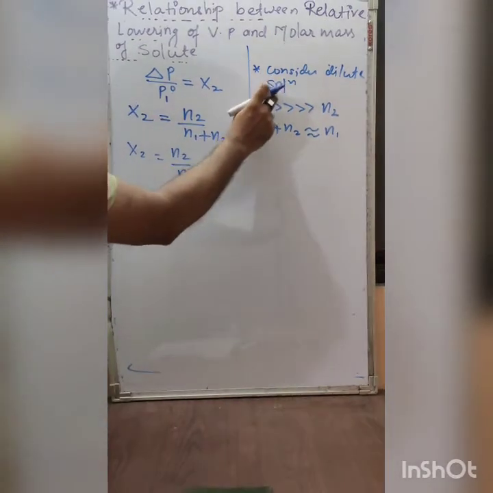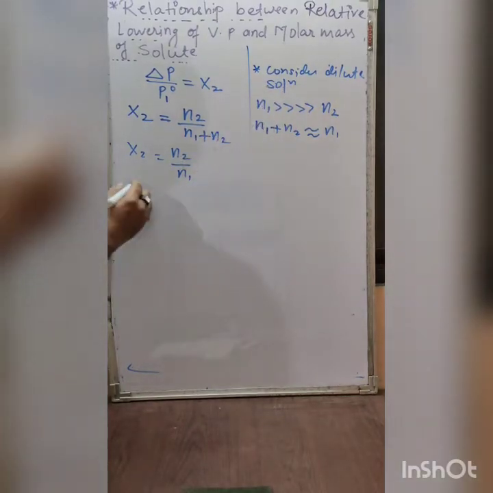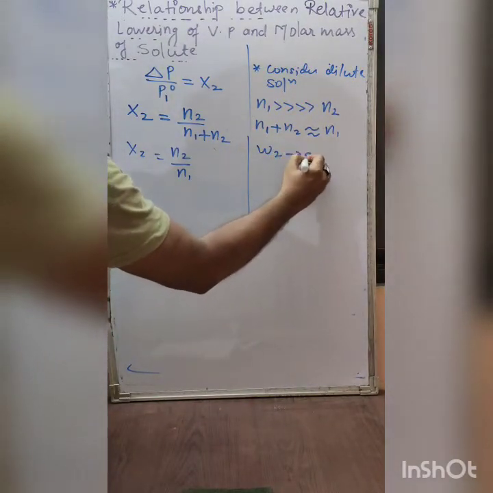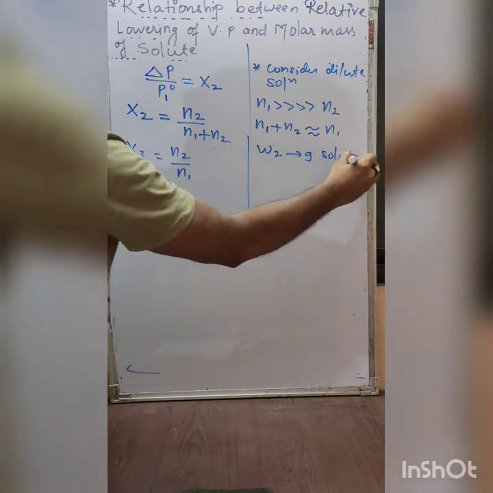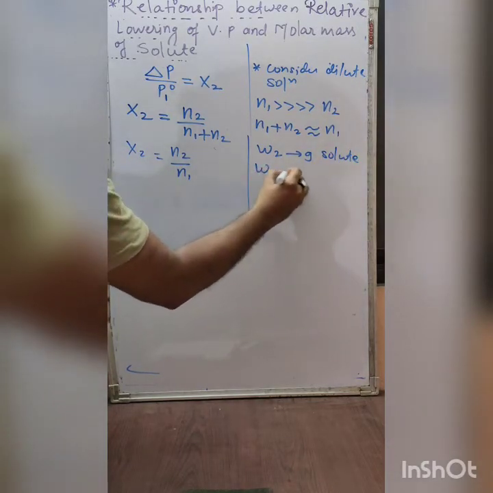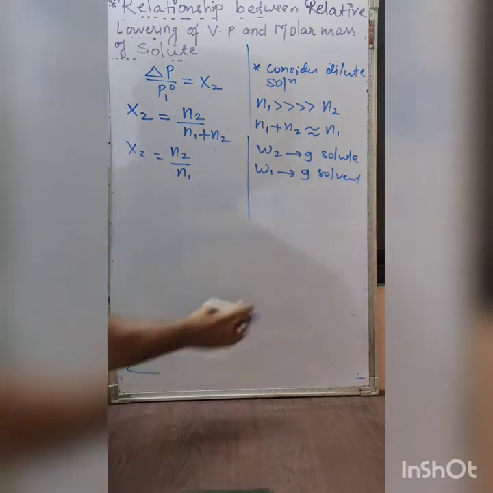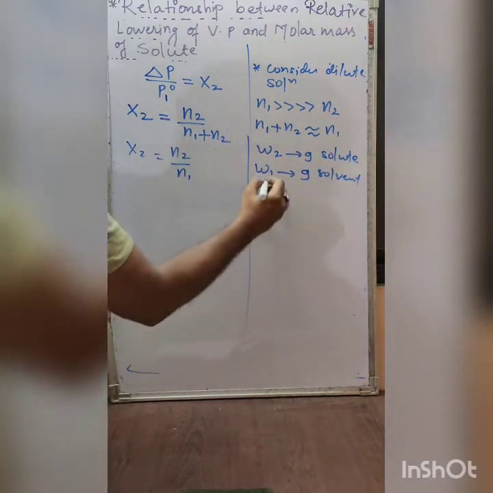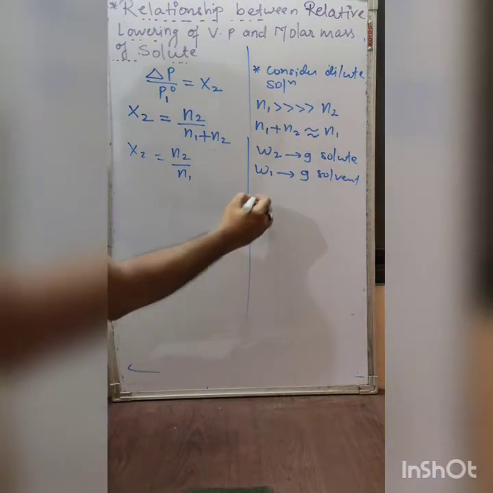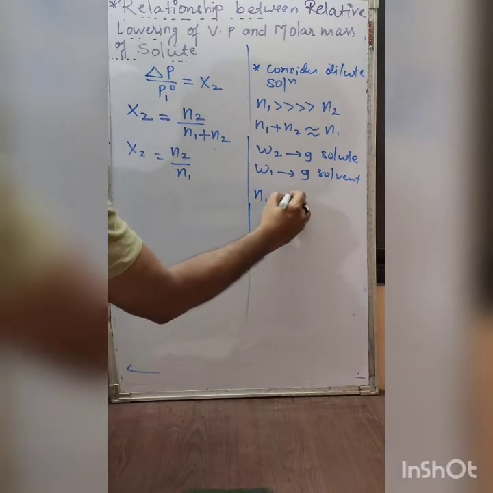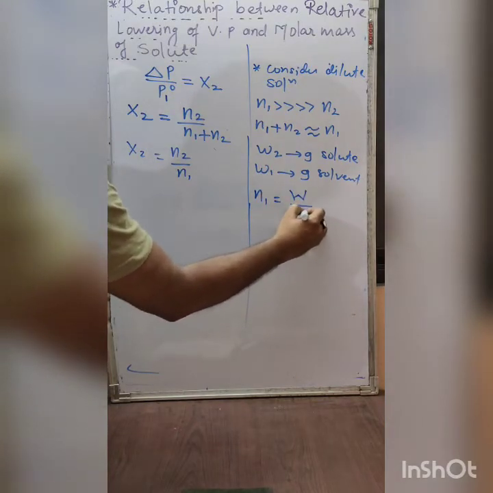Now the solution which is formed, I can say that I have added W2 gram of solute in W1 gram of solvent, and it has number of moles N1. The number of moles formula is mass upon molar mass.